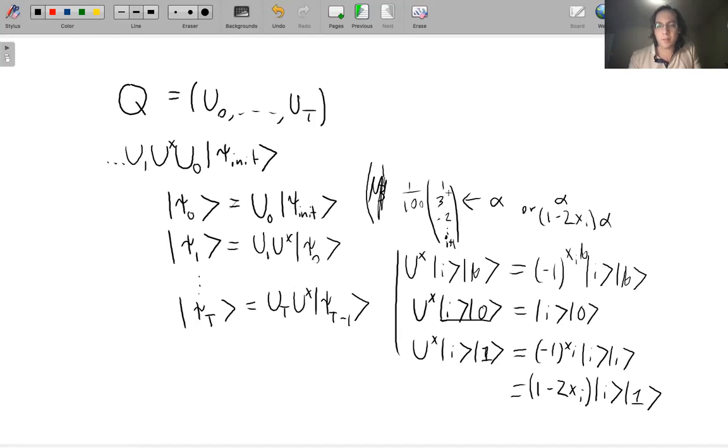That depends on the basis states that correspond to these entries of the vector. But for every entry, it either gets multiplied by 1, basically does not get changed, or it gets multiplied by a term like this.